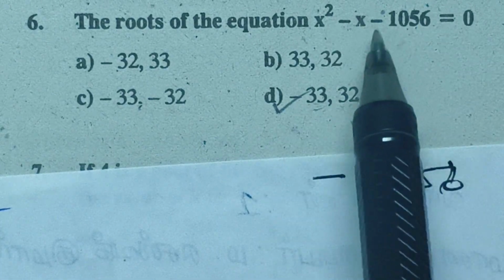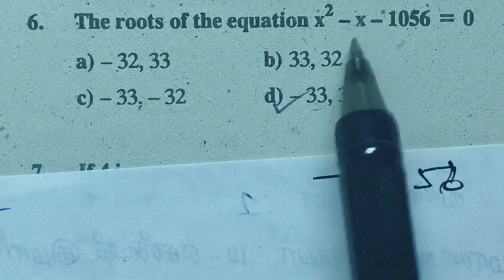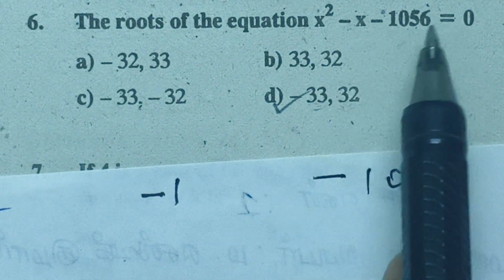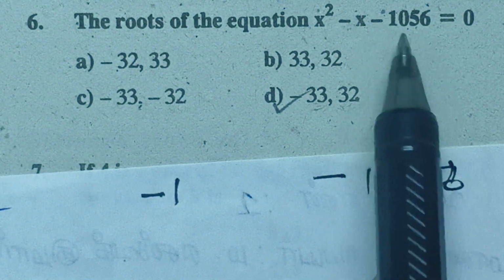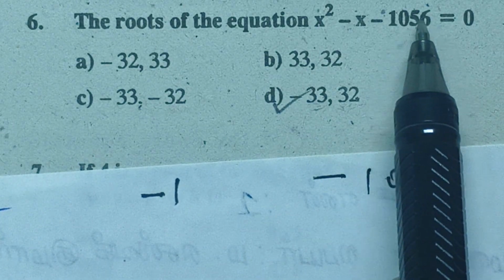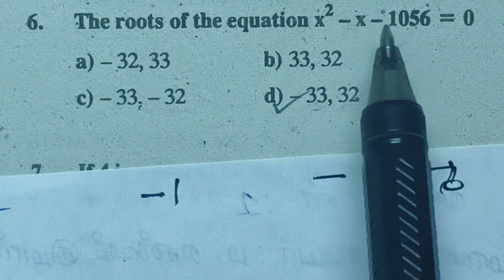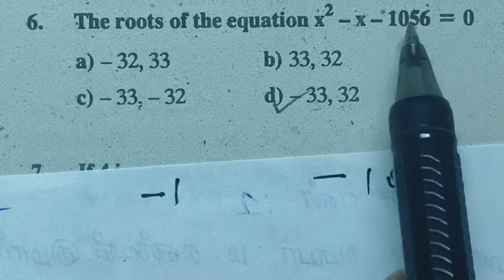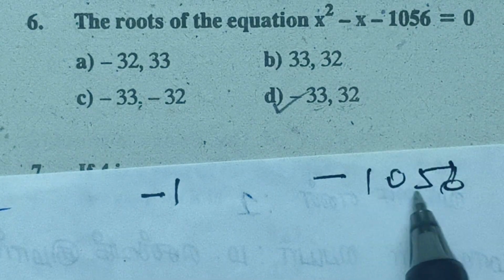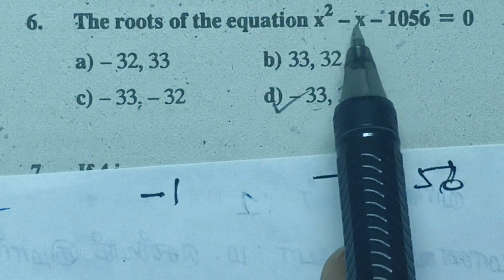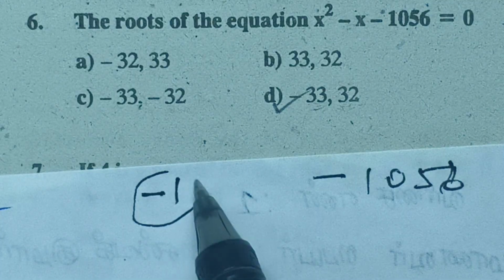If we add these two numbers, we should get the coefficient of x, which is minus 1. Thus, if we multiply the two numbers that are the roots, that is the values of x, we must get minus 1056. If we add these two numbers, we must get minus 1.